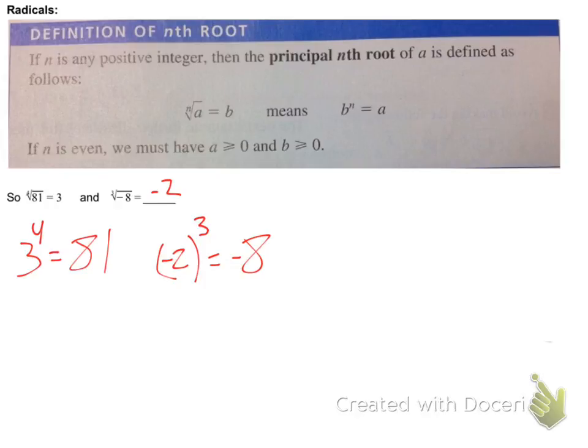Now remember, I think it's going to come up in this next slide or two, that an even root, so square root, 4th root, 6th root, only works with positive numbers, but you actually get 2 answers. Like the square root of 25, it should be plus and minus 5, right?